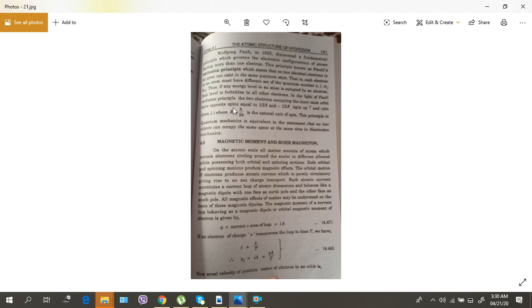They have opposite spins, that is, plus half h cut and minus half h cut, spin up and spin down, where h cut is equal to h over 2 pi, the natural unit of spin.